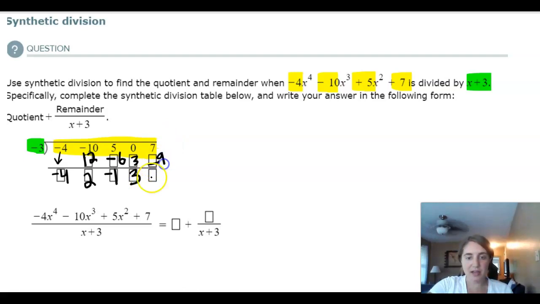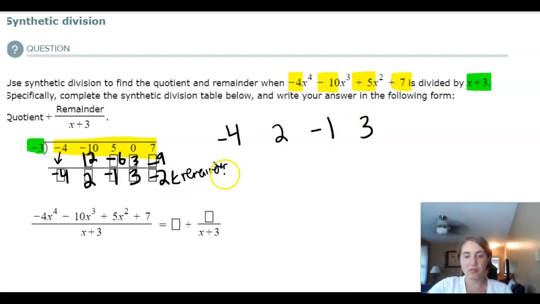Times by -3, add down, get a -2. So my numbers are 4, -4, -2, -1, 3. This is my remainder. So my remainder goes there.